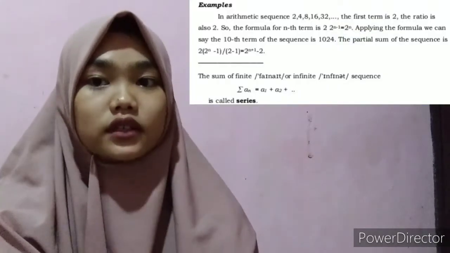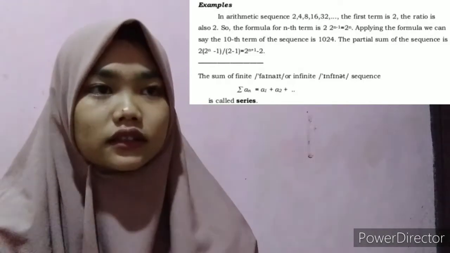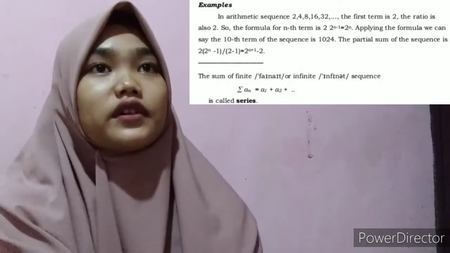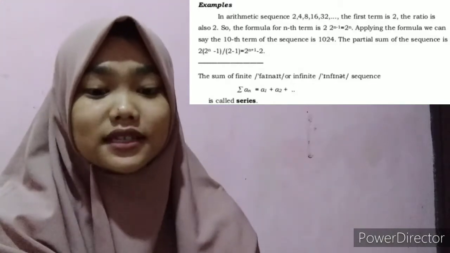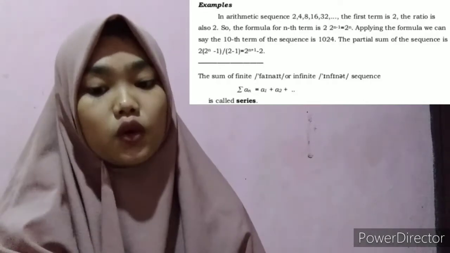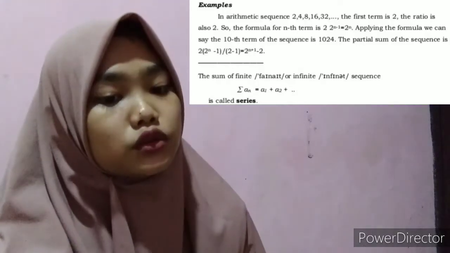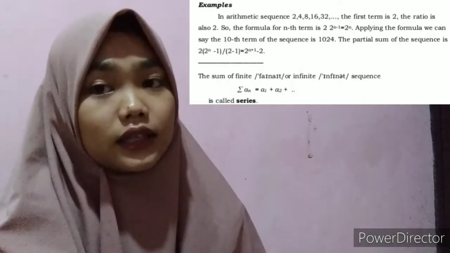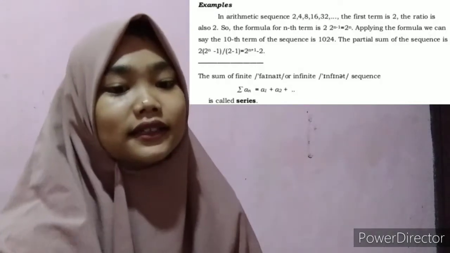in the geometric sequence 2, 4, 8, 16, 32, the first term is 2. The ratio is also 2. So the formula for the nth term is 2 times 2 to the power of n minus 1, which is equal to 2 to the power of n.